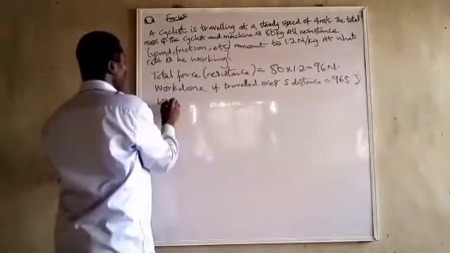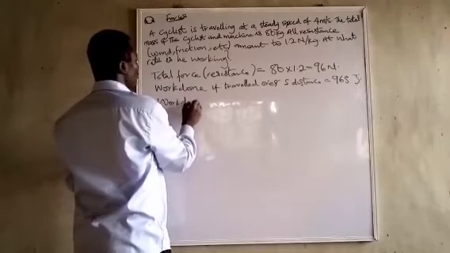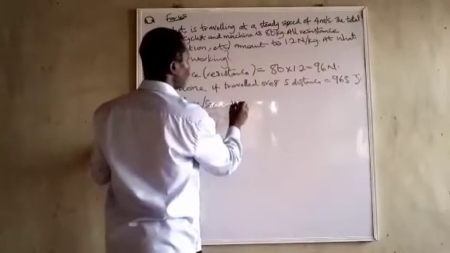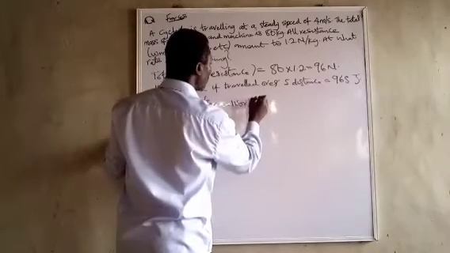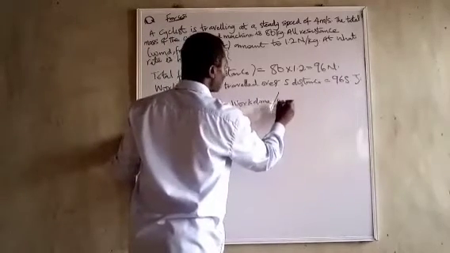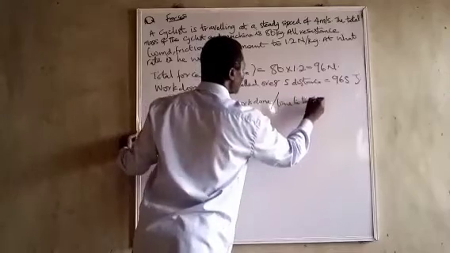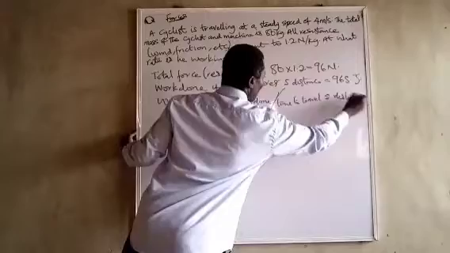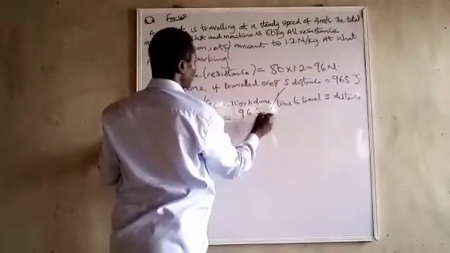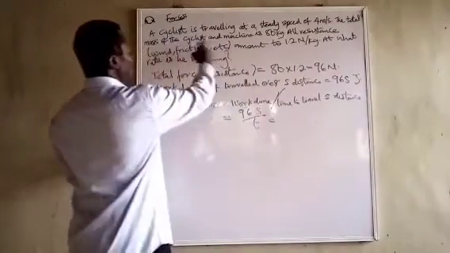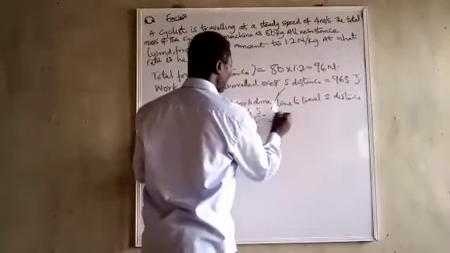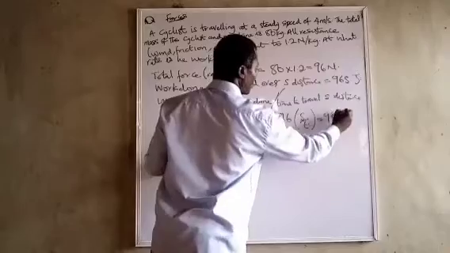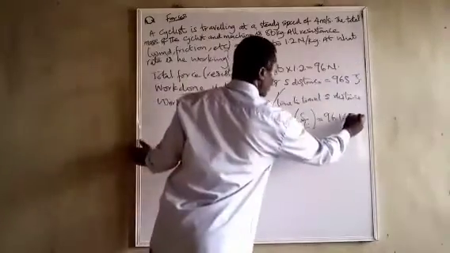So work done per second will be equal to work done over time to travel s distance, which will be equal to 96 s over t, and we know that s over t, since the speed is steady, is v. So 96 v watts.